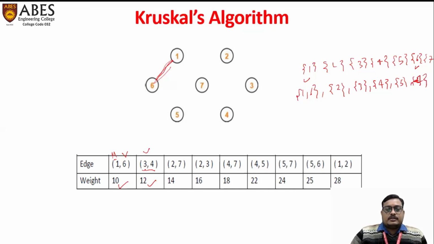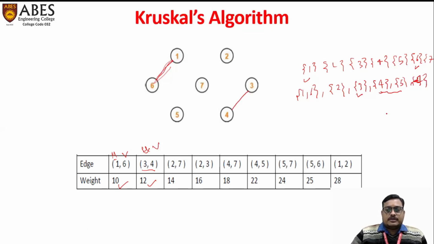Now next is 3 and 4. So U is 3 and V is 4. Before connecting 3 and 4, we have to check whether 3 and 4 belong to different sets. So yeah, we can see here 3 belongs to a different set and 4 is in a different set. So we'll connect 3 and 4 and merge them.